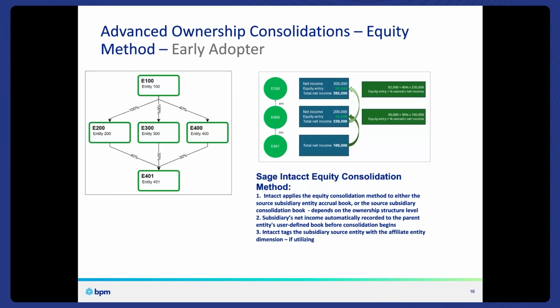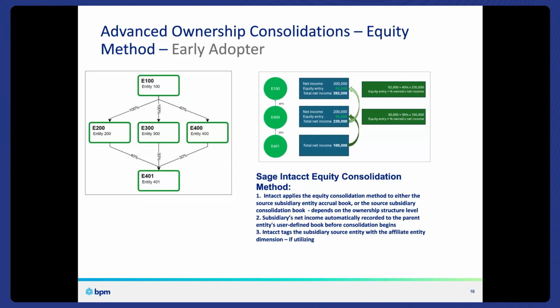The advanced ownership consolidations was able to do mixed consolidations of partial ownership, but not able to wrap the equity in net income into that roll up. So that is now something that's being rolled out in the early adopter status. If you're interested in early adopter qualifications, reach out to us and we'll help you get into those programs.